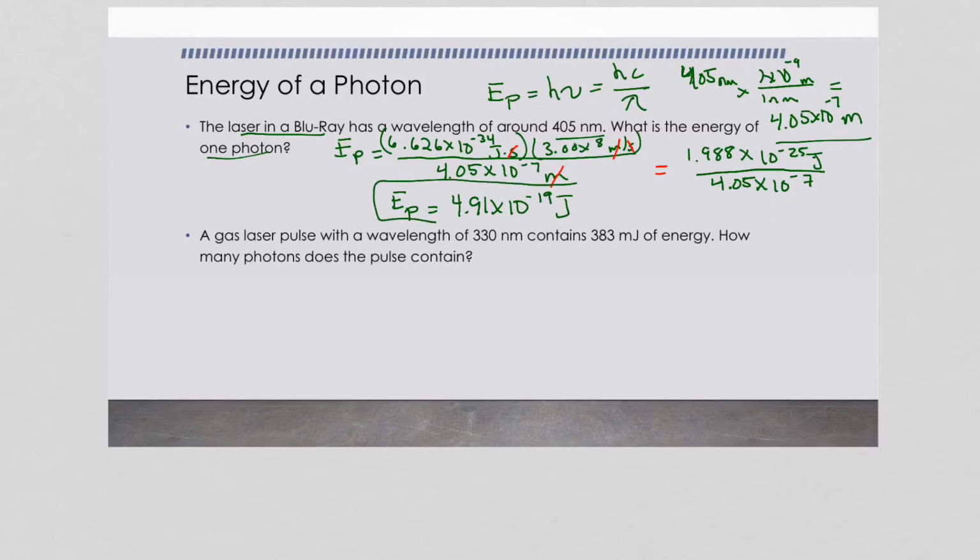Now, a couple of things to point out. Notice this is a really small value of energy. But we have to remember it's just one photon of light, so it's going to be a relatively small amount of energy.